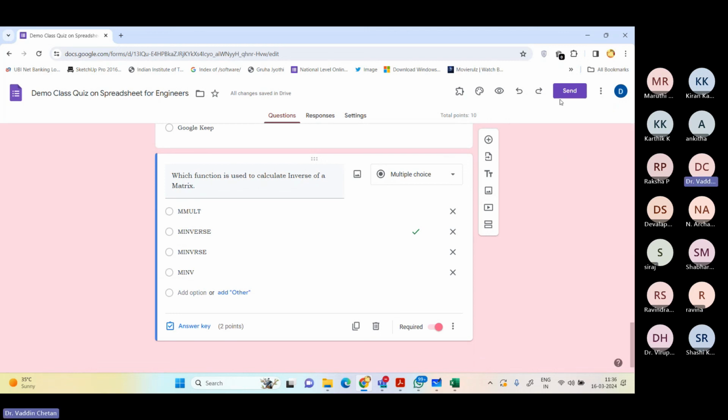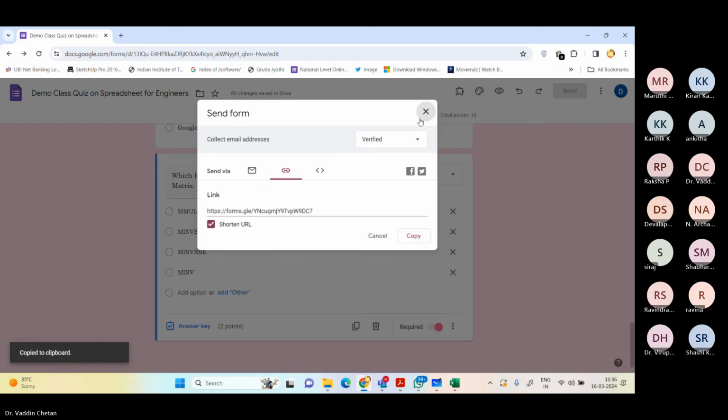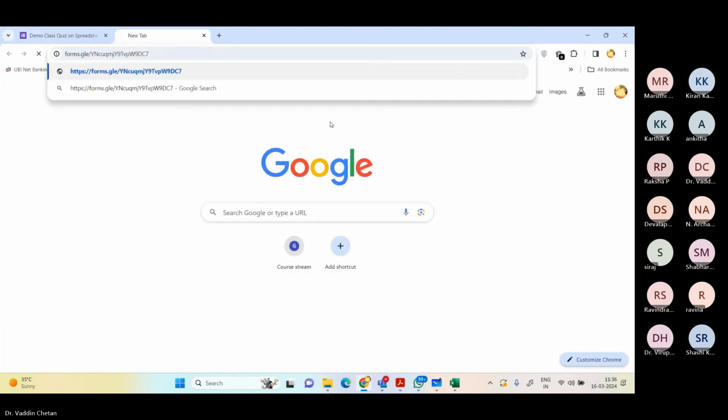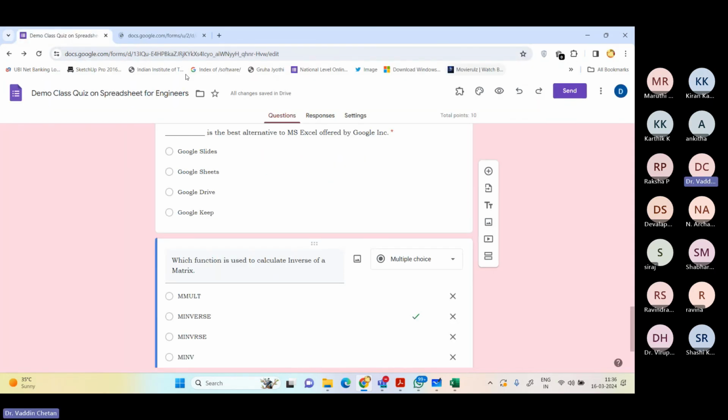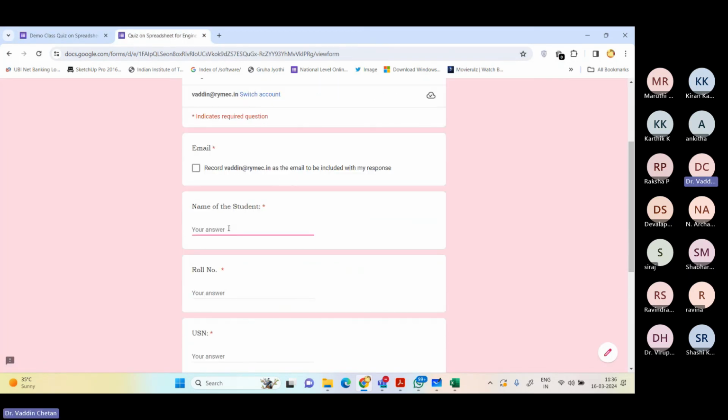Okay, you have customized. You can send that, copy, shorten the URL, copy it, and then you can share it. Can you see that? It is asking you the name of the student.